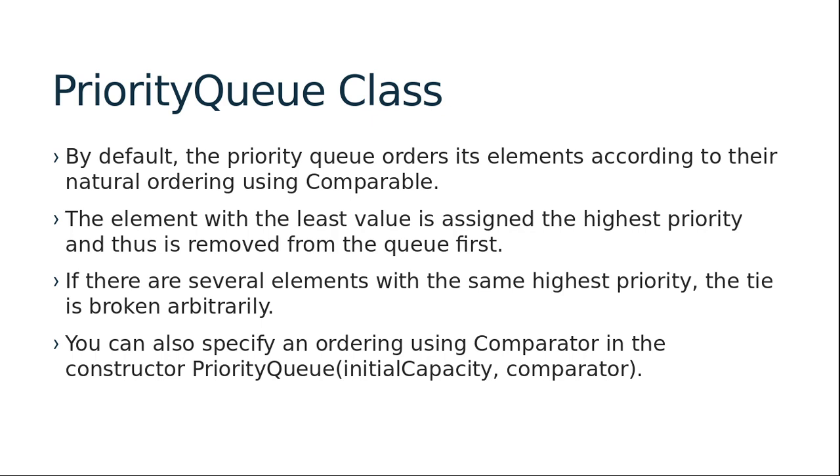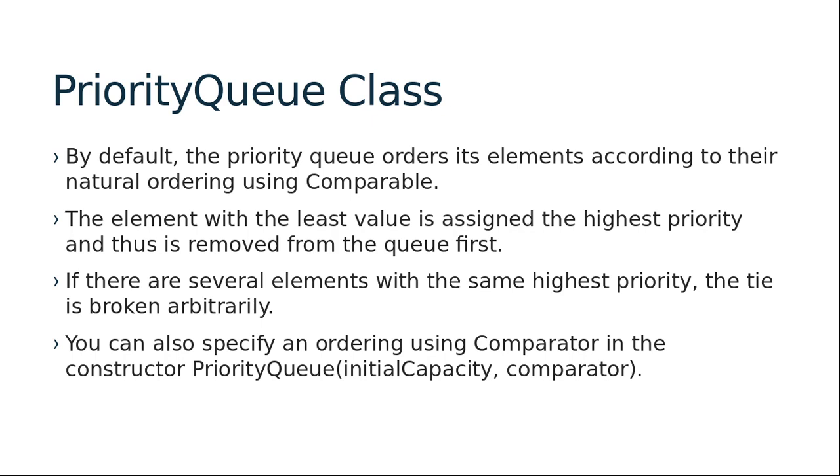So if we create a string priority queue, then the strings are compared internally and the smaller string will be the first, larger string will be the last. So that's the default comparable ordering. The element with the least value will be the first one, having highest priority, and it will be the first to be removed.